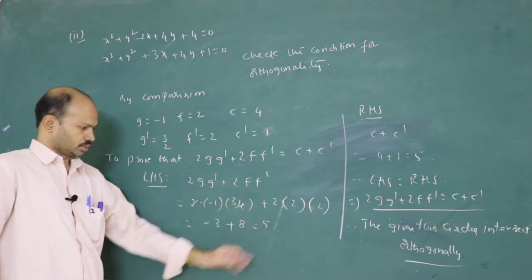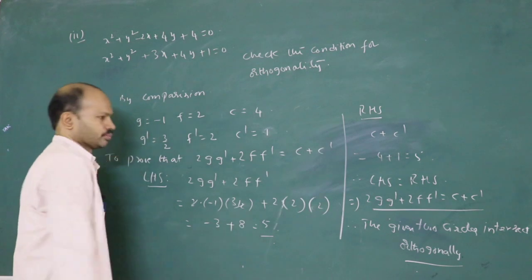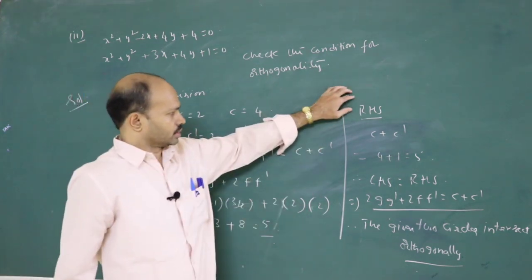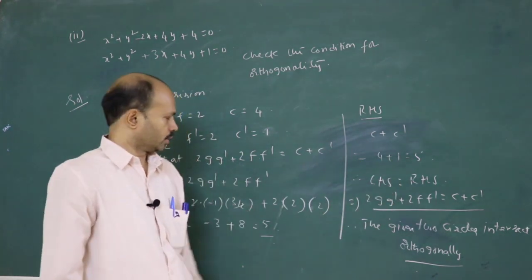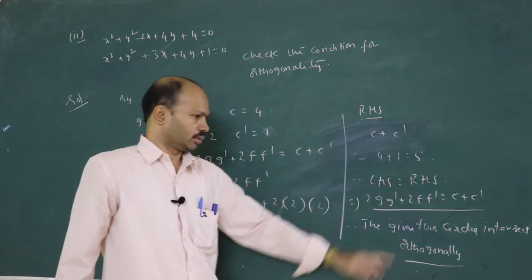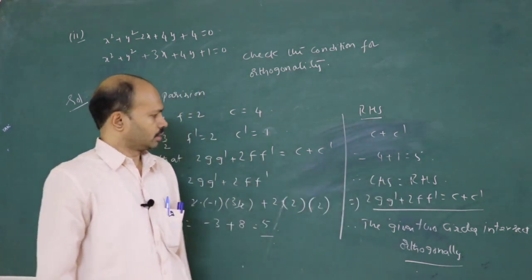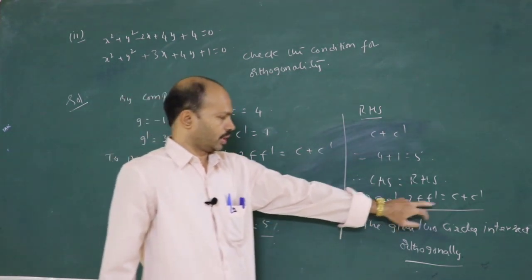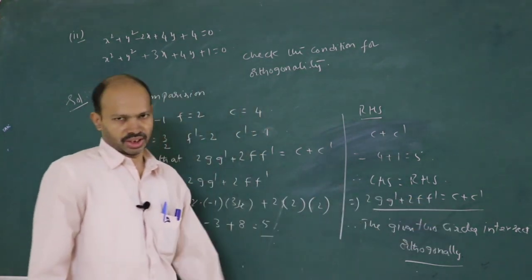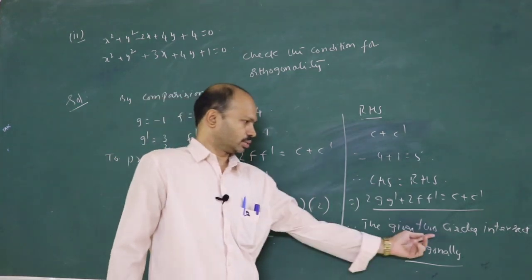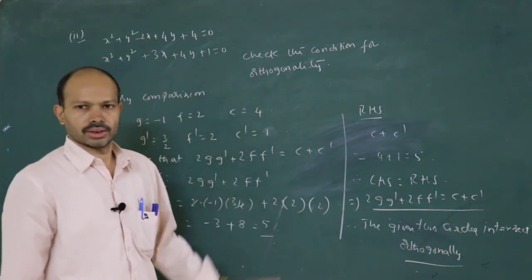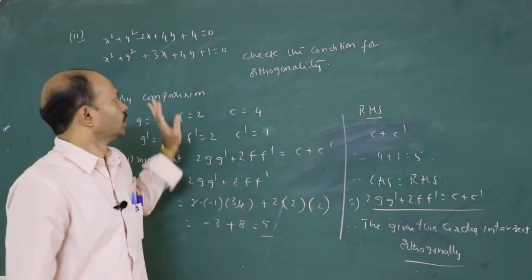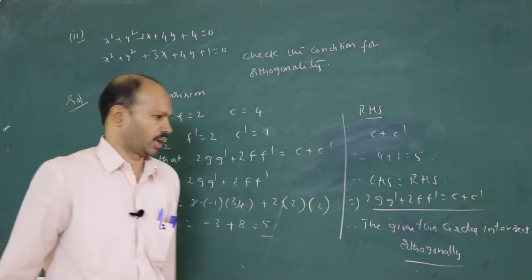Just applying the values you get 5. Coming to the right hand side, c plus c dash, 4 plus 1 is equal to 5. So LHS and RHS are both equal. We say that 2gg dash plus 2ff dash equals c plus c dash. That means the given two circles intersect orthogonally. Hence the condition was verified.